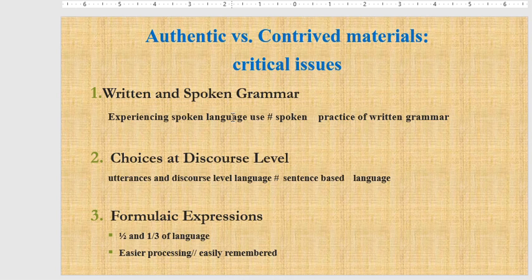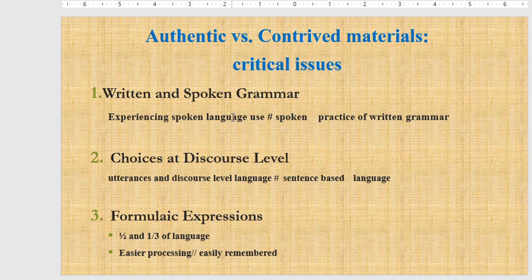But those dialogues only appear to be a spoken text, while you use written grammar to produce them. The dialogue is spoken, but you have used written grammar to produce it. It is easy to understand this one.